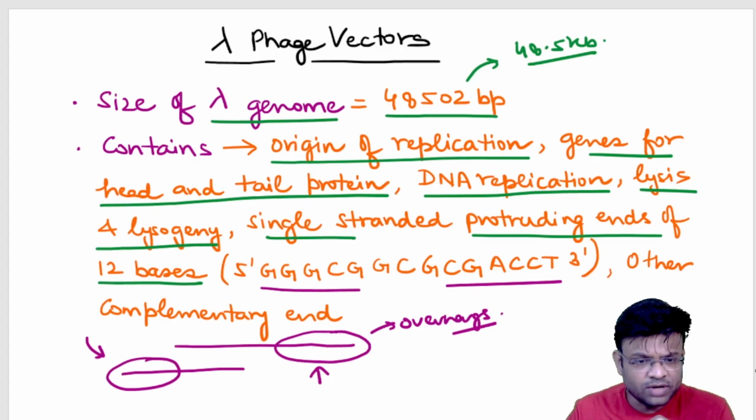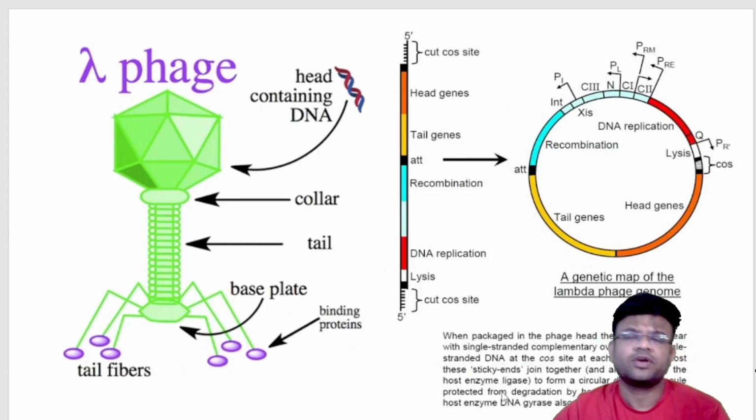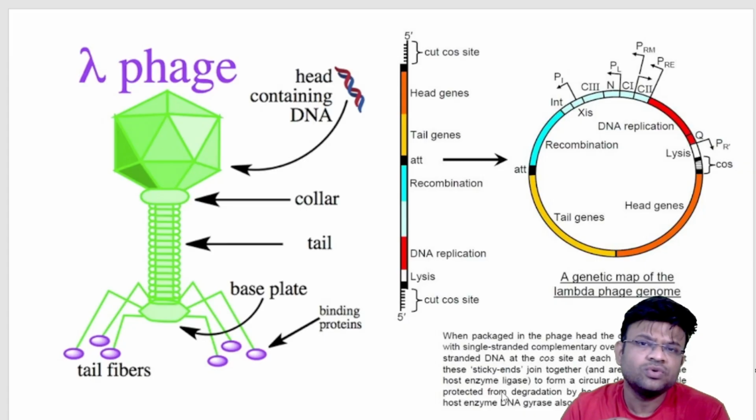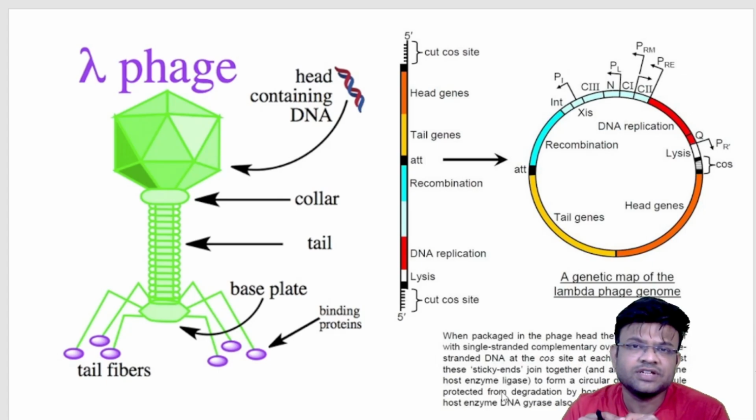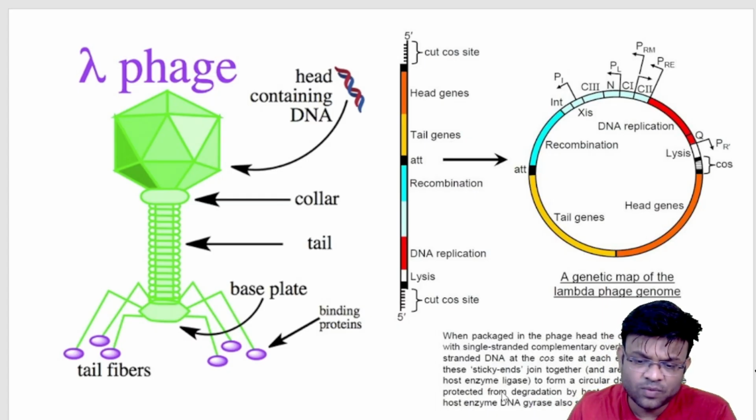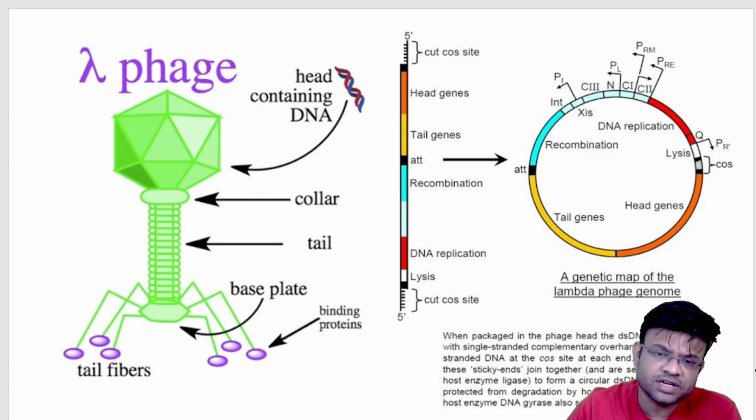So now let us move on to the next slide. Okay, so as I've already told you what the genes are that are present inside the lambda phage genome, but here is a structural representation which would give you a better understanding about the genes. So the first thing that I want you to focus on is that this is the structure of the lambda phage, right?